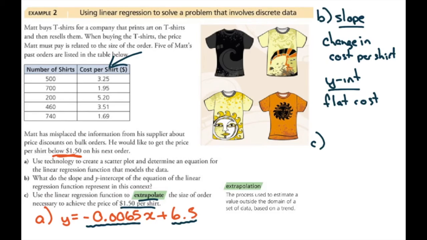When we create the equation, that becomes our Y value, so we'll plug it in. I'll plug it in as 1.5 equals negative 0.0065x plus 6.5.